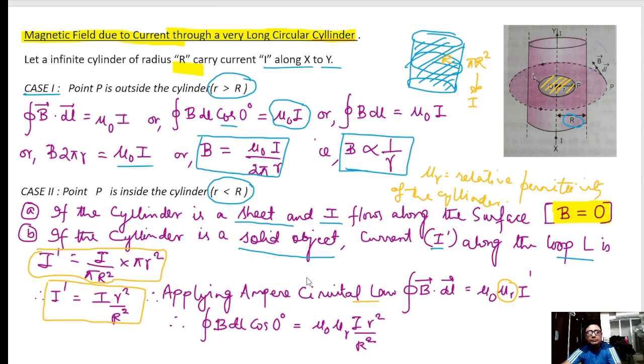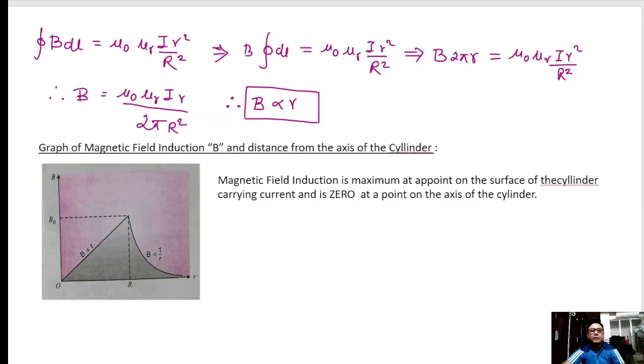Clear? So using B dl cos 0, we are getting I r square by R square.